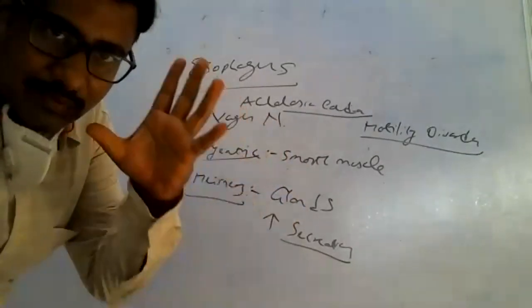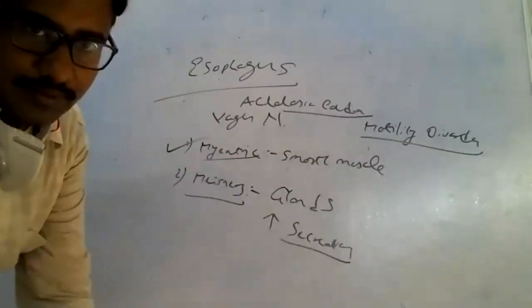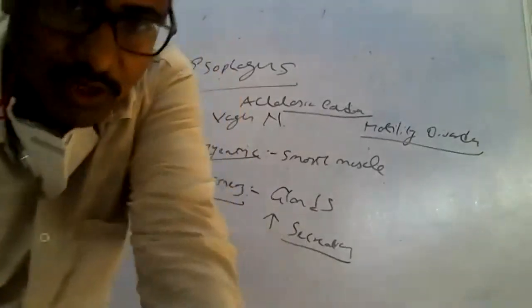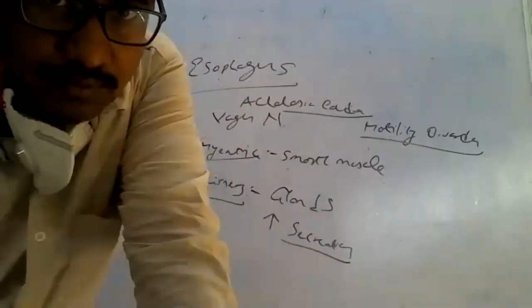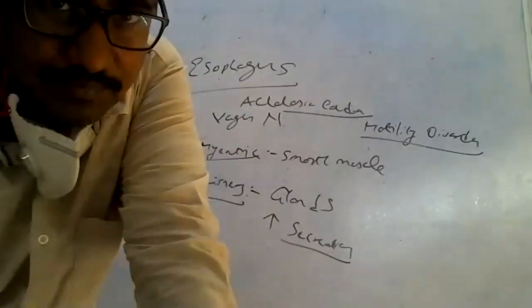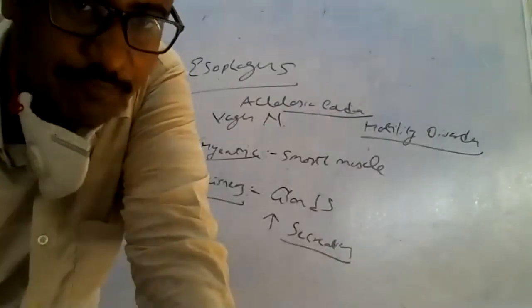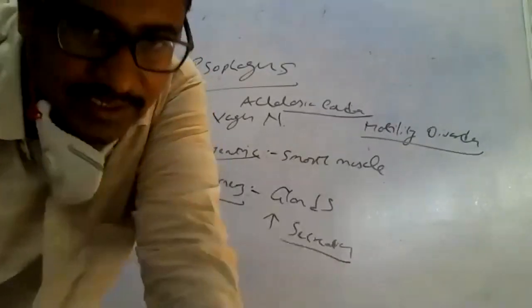So what is the most common symptom you can expect in achalasia cardia? The esophageal muscle is not able to contract and send the food into the stomach. So what is the symptom you are able to expect? Okay, decreased peristalsis.